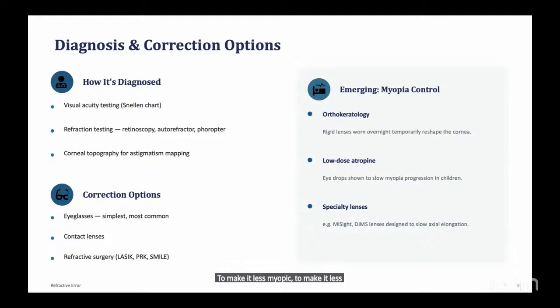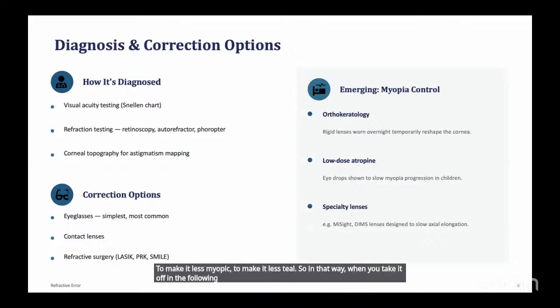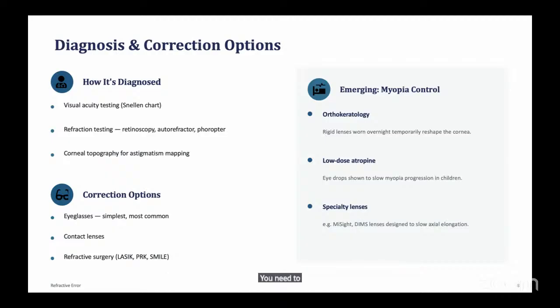So in that way, when you take it off in the following morning, your error improves a bit. You can see normally as a normal person is supposed to, but you need to talk with your doctor first to see if you're viable candidates for the ortho-K lenses.